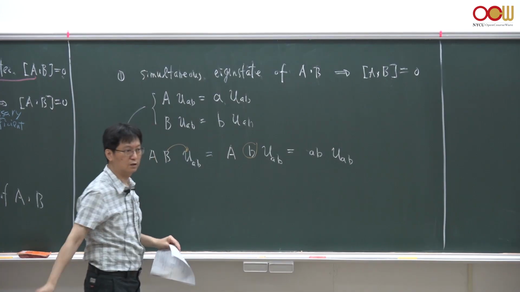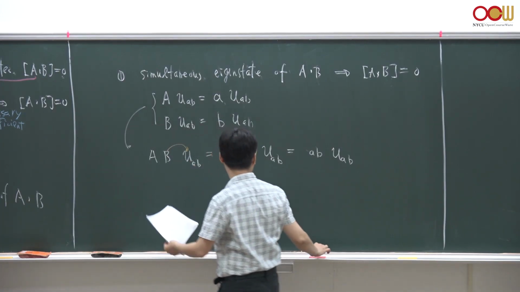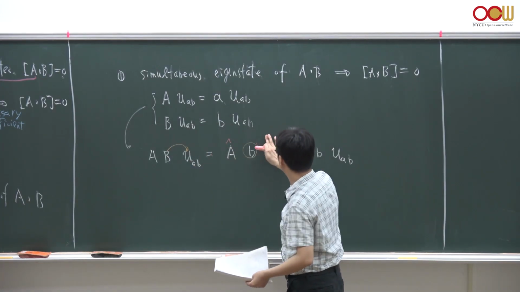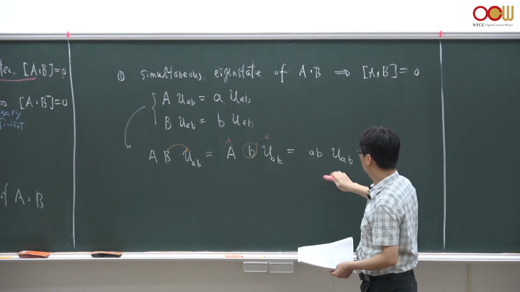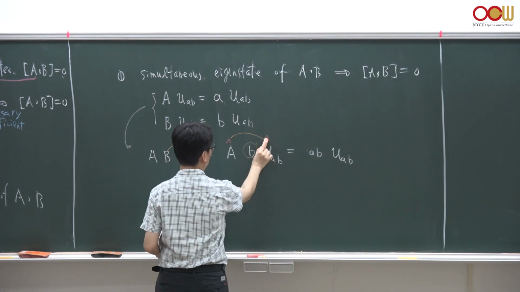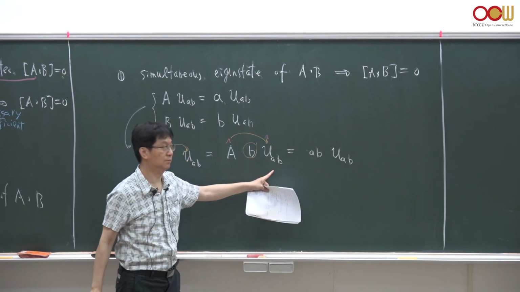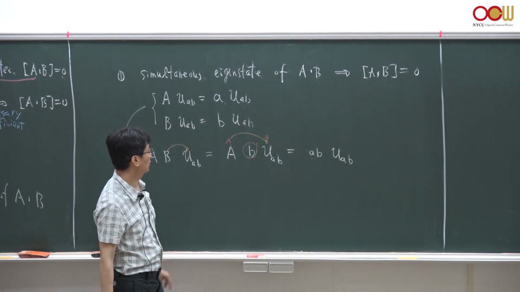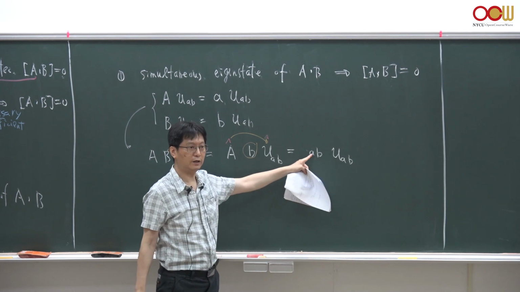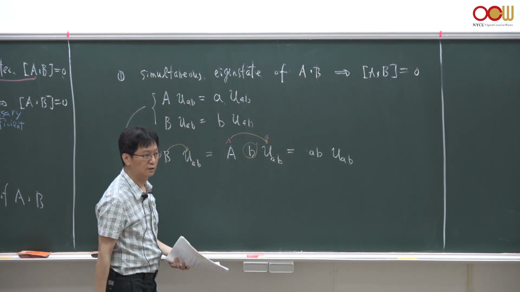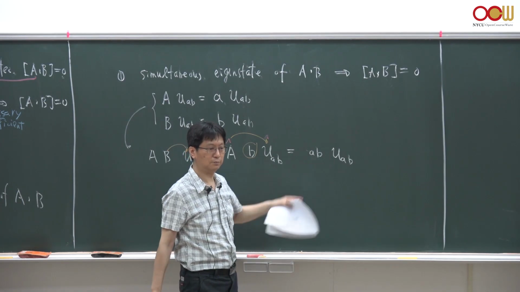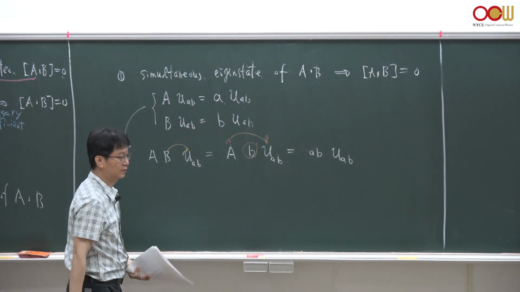Since this is just a number, you can actually move it anywhere you like. So I move it to the left, so then you're left with this second operation, A acting on UAB. Following this similar eigenvalue equation, you get the eigenvalue a right there times UAB, so you get altogether two eigenvalues, a and b, multiplied together. So this is the first operation.